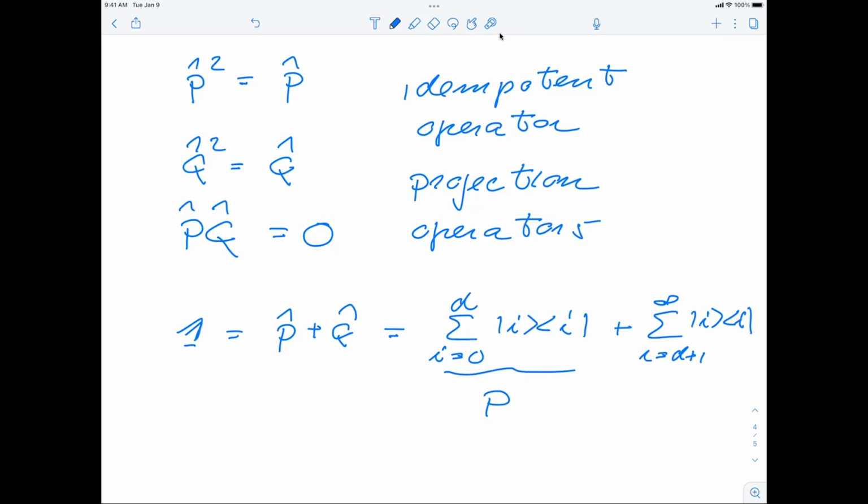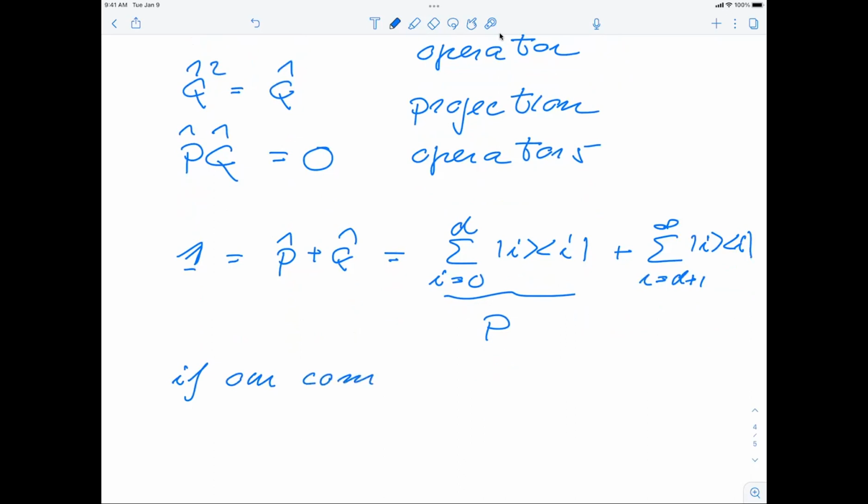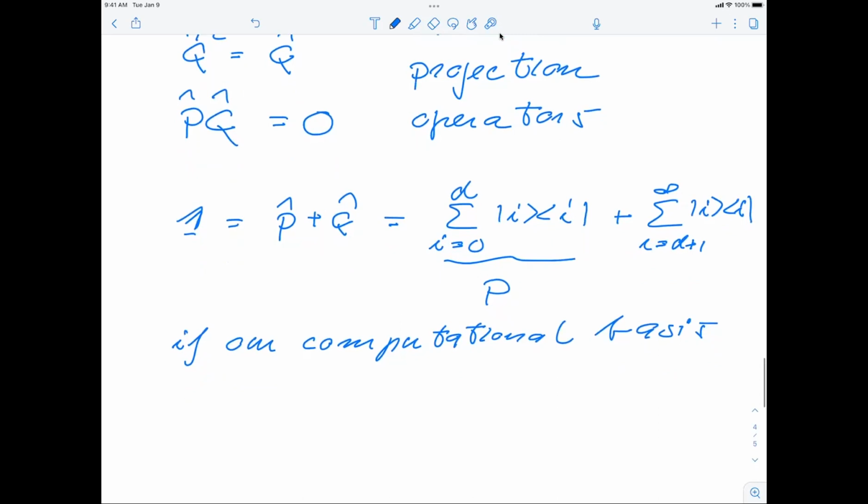Now, why is this a projection operator? You can see that if we have a computational basis, which is an orthogonal basis, given by 0 and 1, so we have a two-state system, it's fully possible to define a problem with only two states.